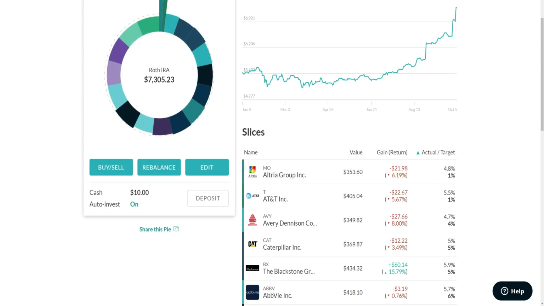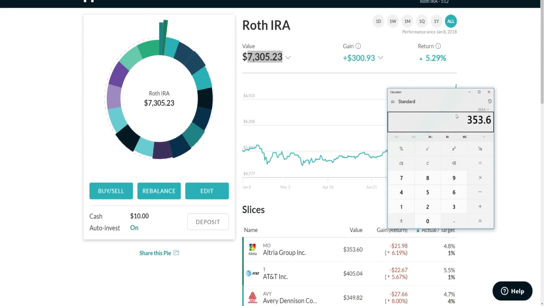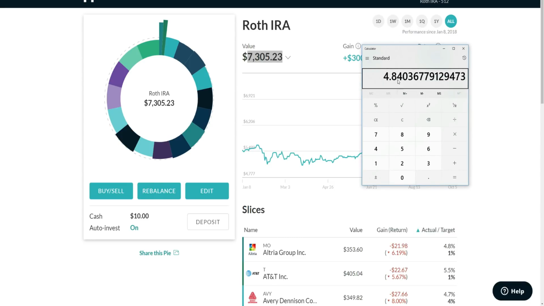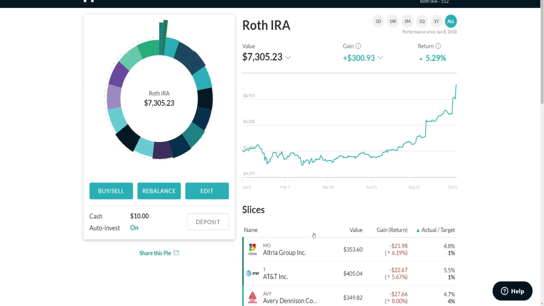If I were to bust out my handy dandy calculator and go 353.6 divided by the total of the account, which is 7305.23, multiply that by 100, that would give me a 4.84% actual percentage, which is exactly what it says here, 4.8%. So that is how the actual is getting that number.